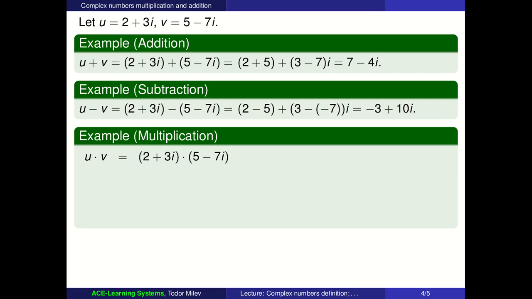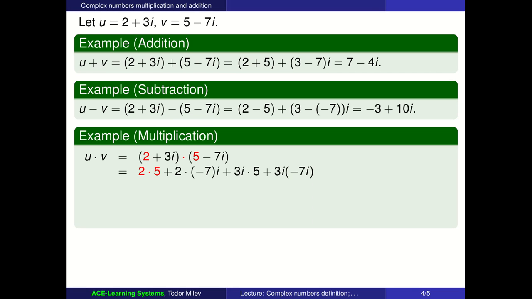So we imagine that 2 plus 3i is a polynomial with respect to the variable i. We imagine that 5 minus 7i is another polynomial, and we uncover the parentheses. We FOIL just in the usual way that would be done with usual polynomial expressions. All right. So now let's uncover the parentheses.